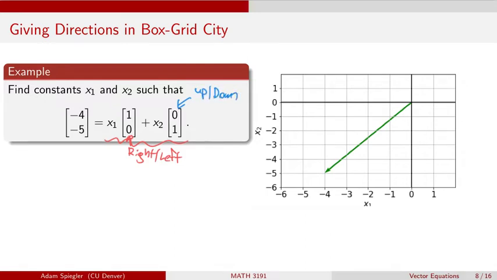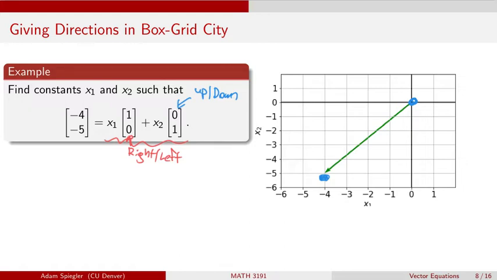So what you can imagine is this is like a grid for the streets in a city. And you want to get to this location over here. And you are standing at the origin over here. So you stop and you ask somebody, hey, how do I get over to minus 4, 5? And you're in this grid city.